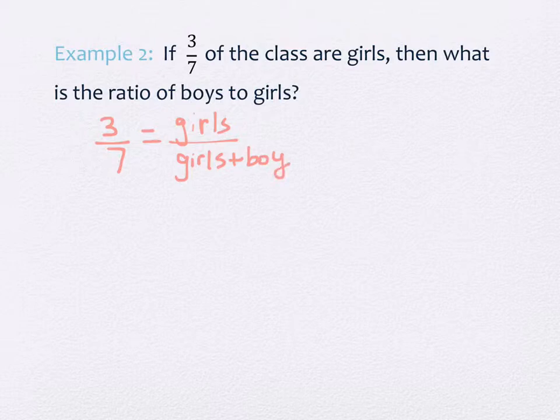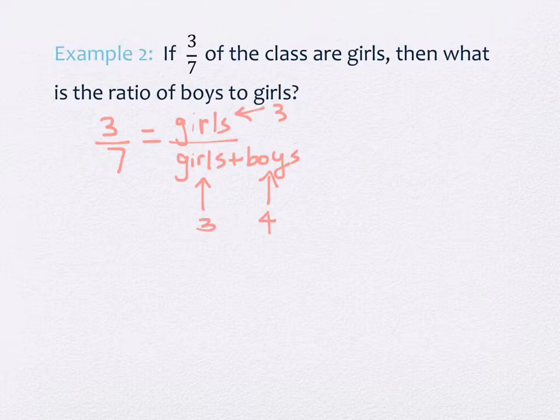So if this is girls plus boys, and we already know that the girls is the 3 part of this ratio, what would boys have to be? 4. So once I have identified that the boys is the 4 component of this ratio description, then I can answer the question that's actually being asked, which says I want to know what the boy to girl ratio is. And that would be 4, because that's the boys, to the 3, which is girls.